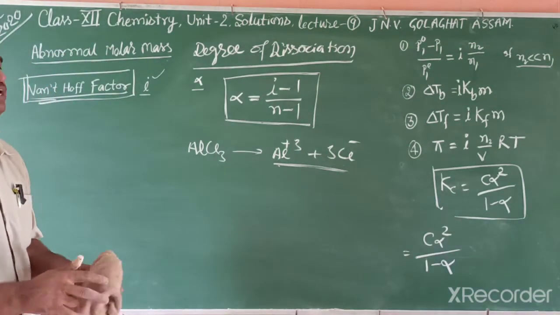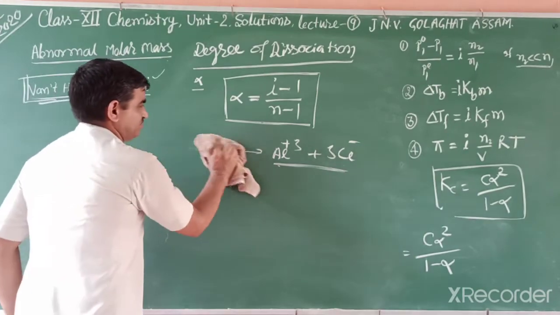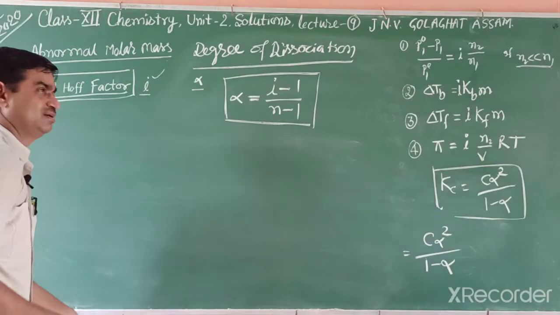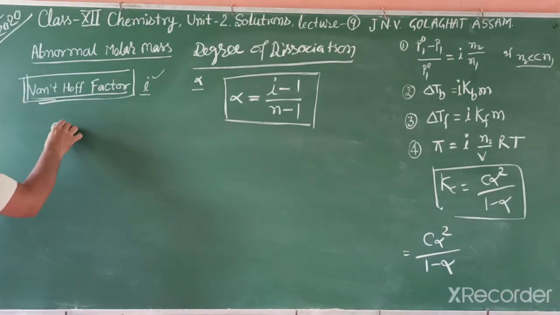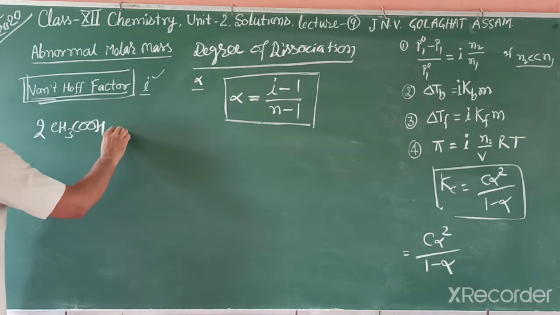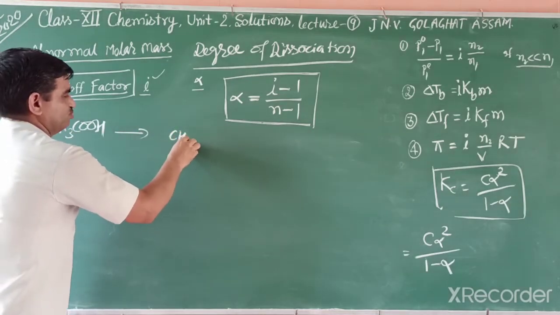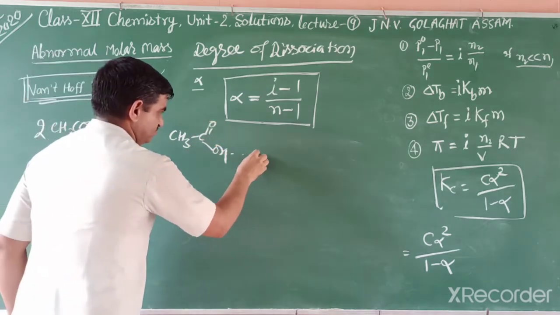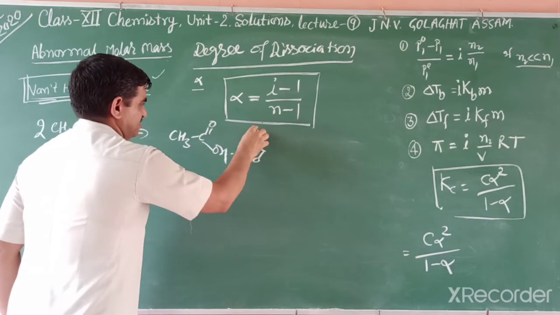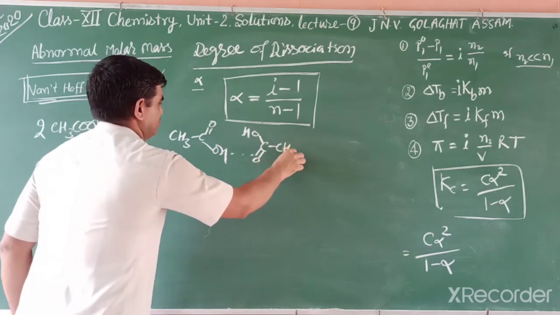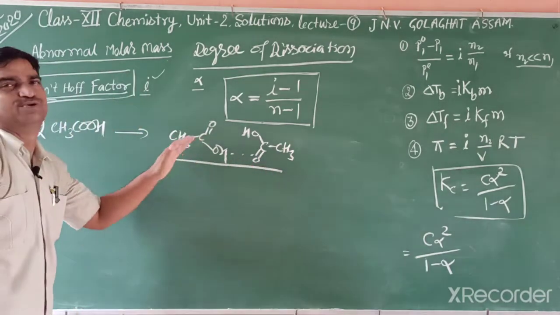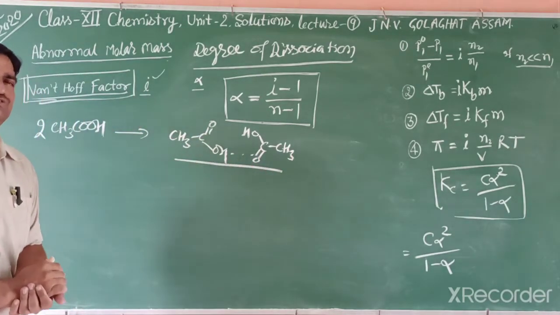Now another formula, for association. What happens if the molecules associate? For example, acetic acid, when they dimerize, the molecules are hydrogen bonded, as we already discussed. So 2 moles give 1 mole, and the number of particles reduces.